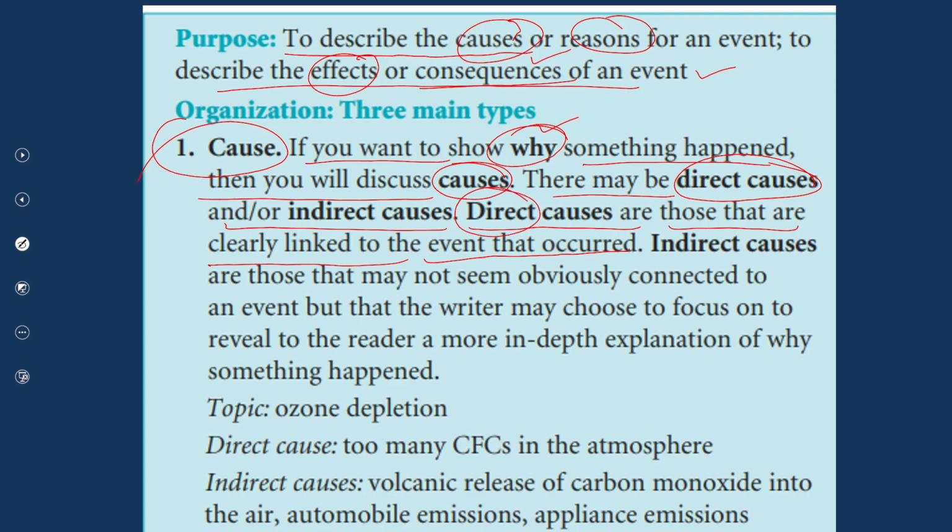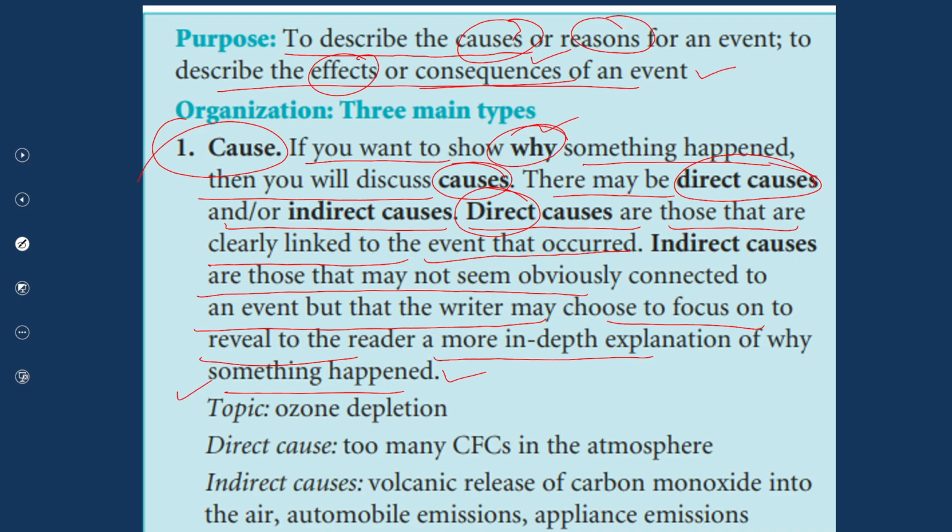That's why we call them direct causes. Indirect causes are those that may not seem obviously connected, but that the writer may choose to focus on to reveal to the reader a more in-depth explanation of why something happened. So causes can be direct and indirect. This is the key takeaway from this passage.